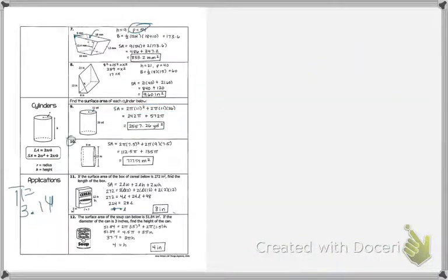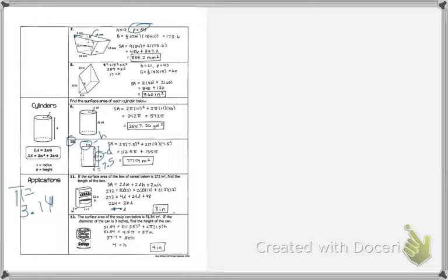Alright, for number 10, barring that I make another stupid mistake like that, let's look at our information. Here we're given 15, we're given 9. I know this is my height. This is actually the diameter. But we already know that the radius is half of it. So the radius is going to be 7.5.